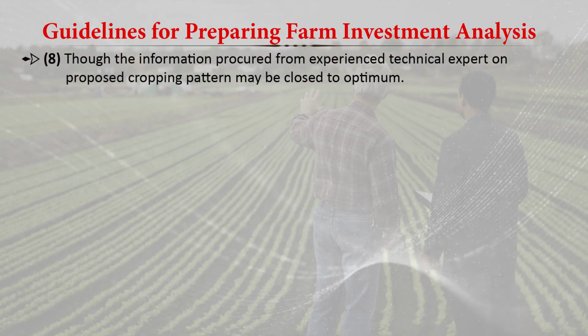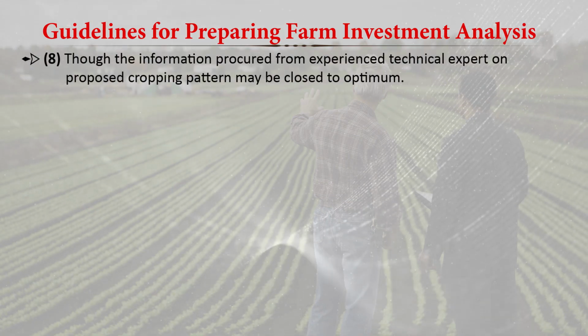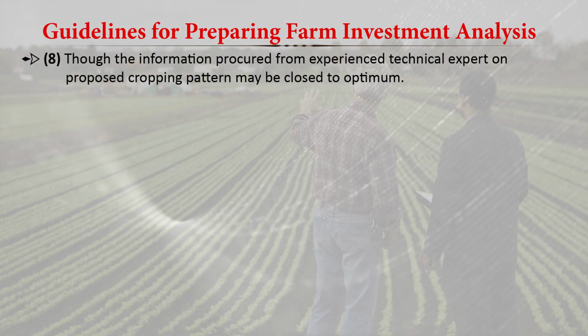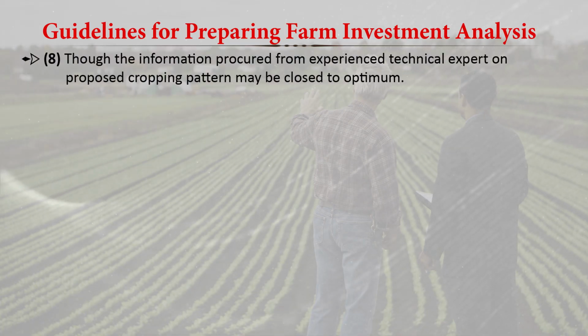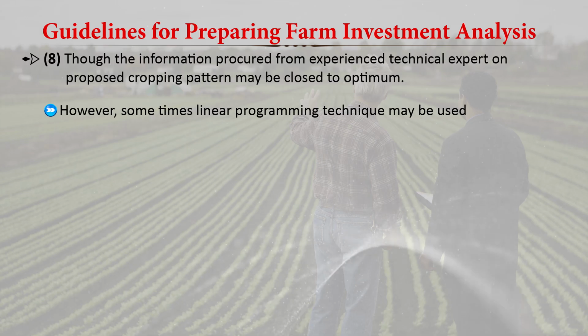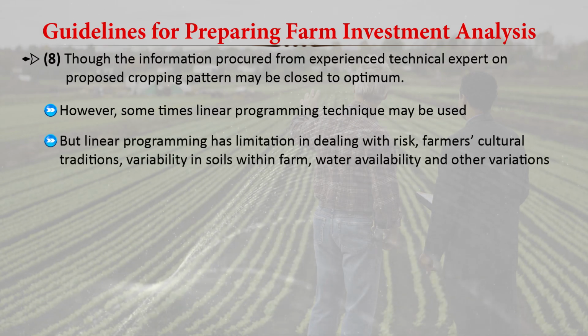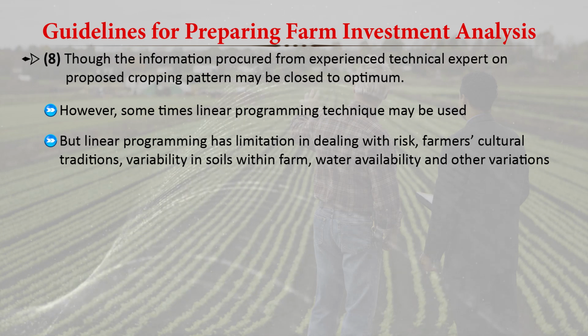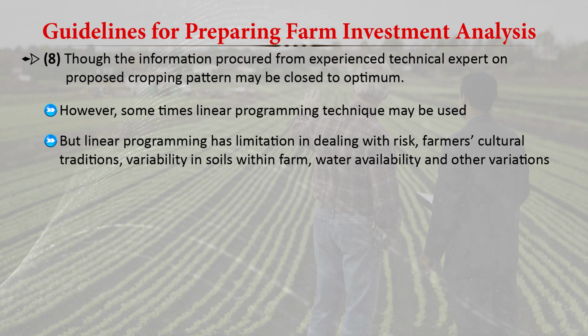And though the information procured from experienced technical experts on the proposed cropping pattern is close to the optimum, sometimes we can use linear programming techniques to propose the new cropping pattern in the area under the project. But there are some limitations when we use linear programming.